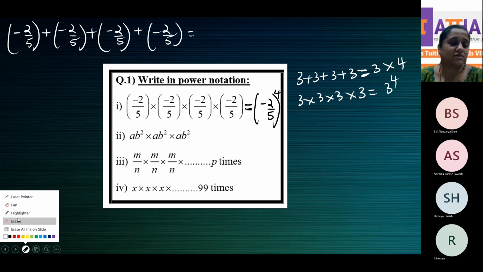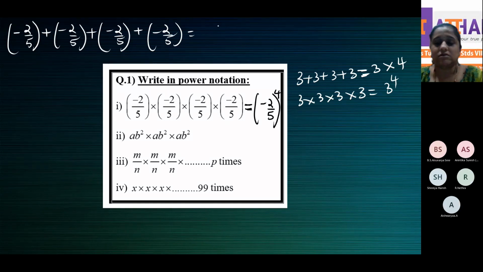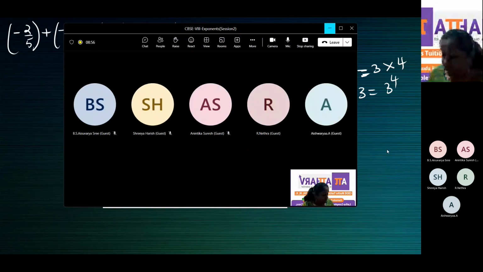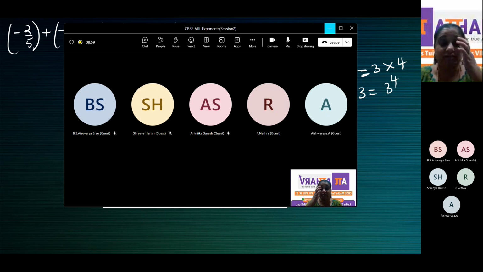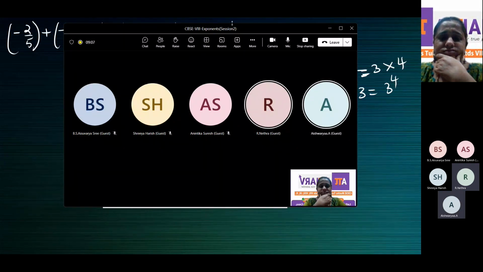Ma'am, I got the link very late, ma'am. Oh, why, darling? See, I don't have your number, Netra. I have the other number. I shared it. I think that's your mom's number, right? Yeah, my mom will tell, ma'am. I asked her at 7:20.